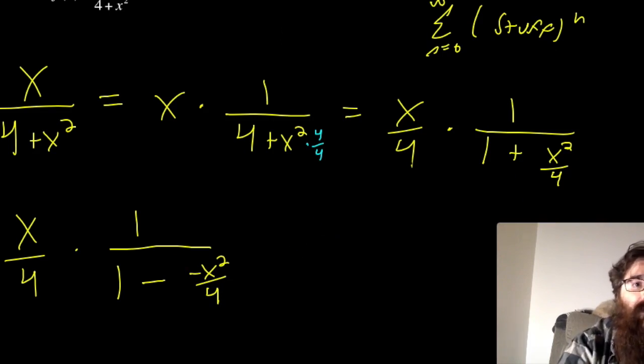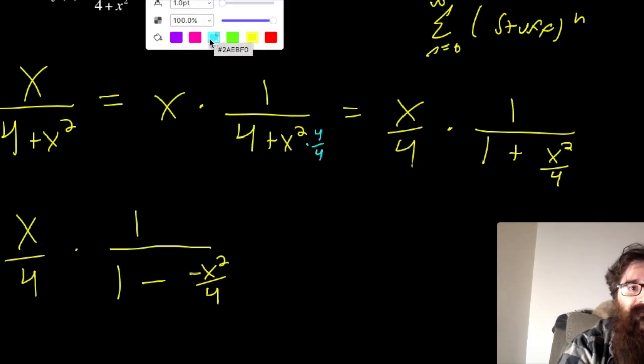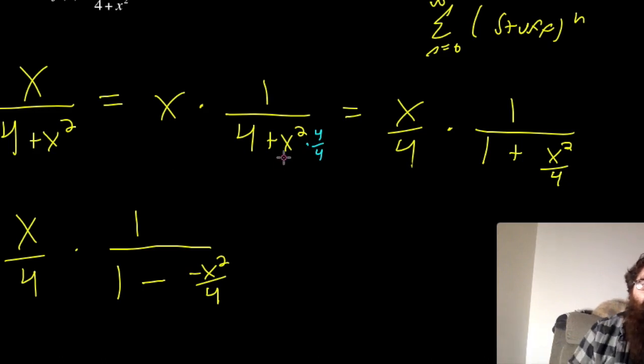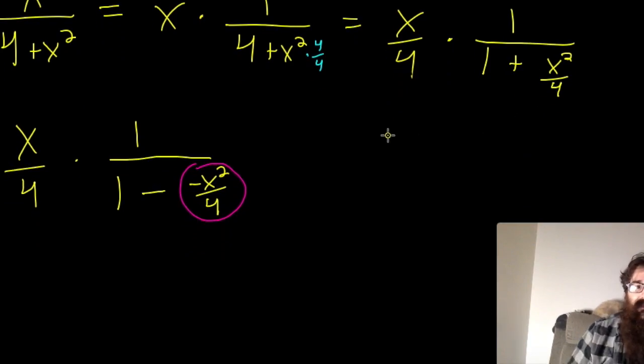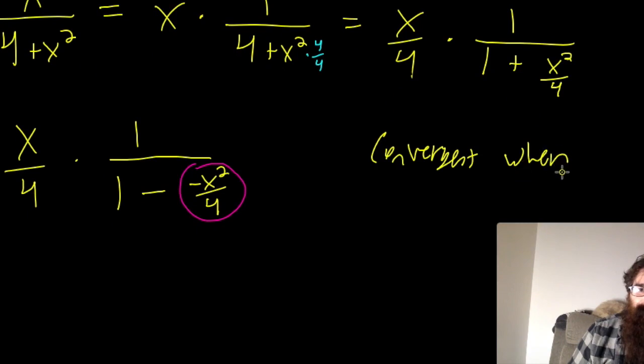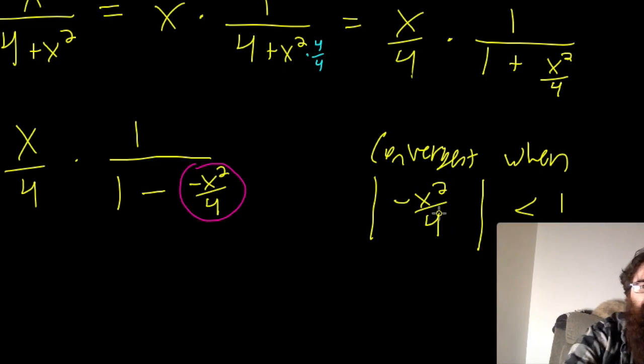I really want to focus, though, on what my stuff is. We have 1 over 1 minus stuff. And this is my stuff here. Now I can start to say all these wonderful things about the result. We can say this is convergent when the absolute value of stuff is less than 1. And here that's the absolute value of negative x squared over 4 is less than 1.